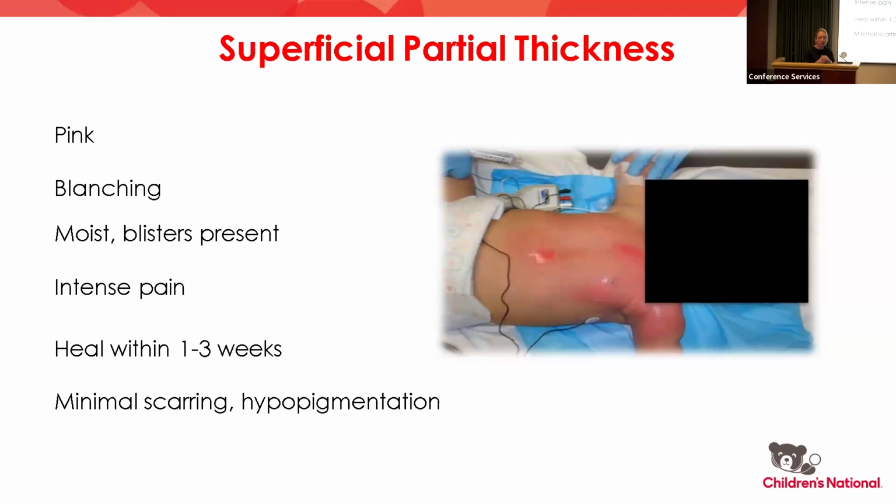So these superficial partial thickness burns are characterized by skin that's pink, it's moist, it's blanching. Of course, all burn injuries are going to hurt. These heal, though, within 1 to 3 weeks. And actually, the healing time is the only definitive way to tell how deep an injury is. So if a kiddo's healed in a week, terrific. It's a superficial partial thickness injury.